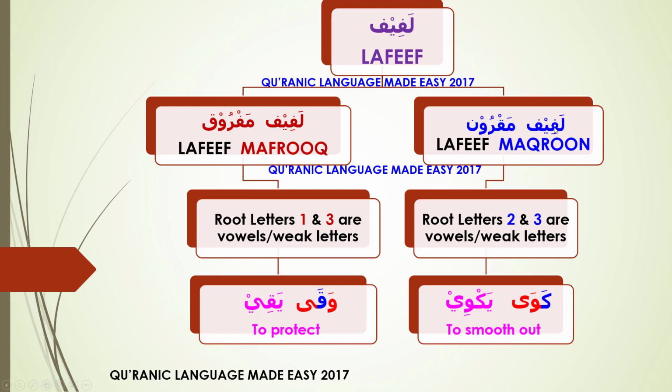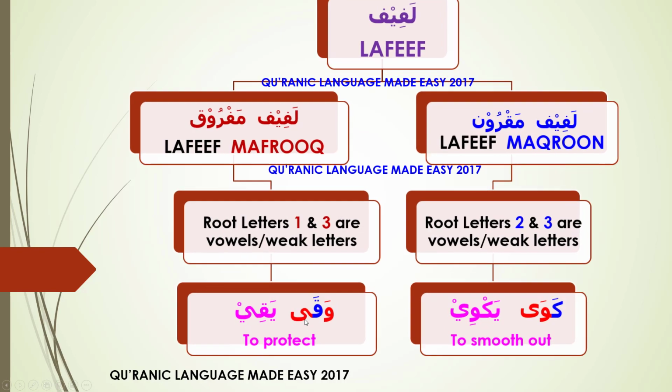The second type is lafif maqroon, where the second and the third radicals of a verb are the weak letters. For example, kawa, yakwi, which means to smooth out. Notice that the second or the ain radical is a waw, a weak letter, and the lam radical or the third root letter is a ya. So we have two weak letters in lafif maqroon, and in lafif mafruq, the first and third root letters are the weak letters.